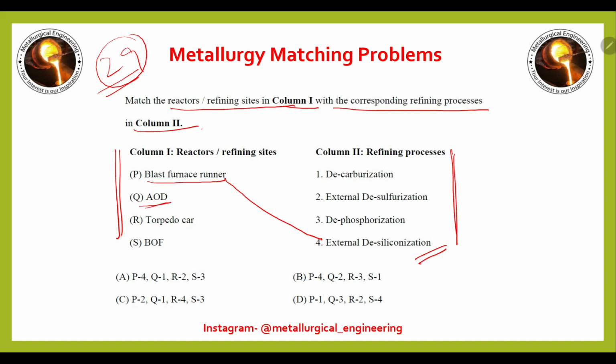The AOD process, argon oxygen decarburization, matches with external desulfurization. Torpedo car is for dephosphorization, and the basic oxygen furnace is for decarburization. So the right answer is B part, P4 Q2 R3 and S1.